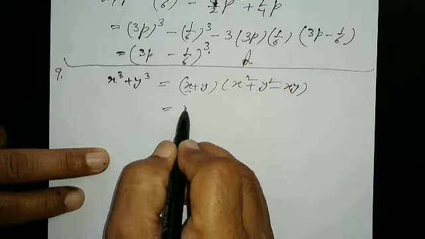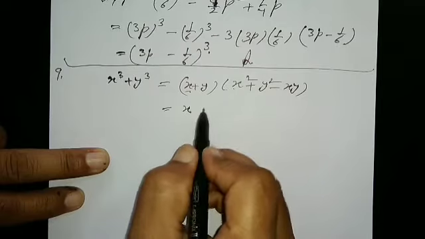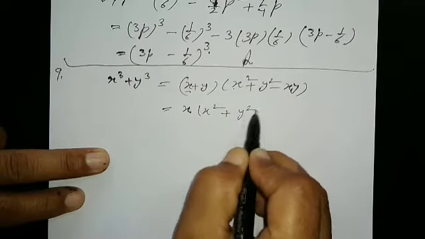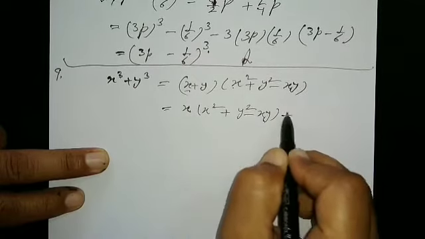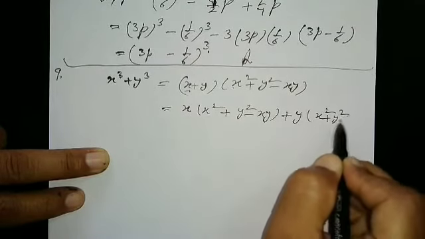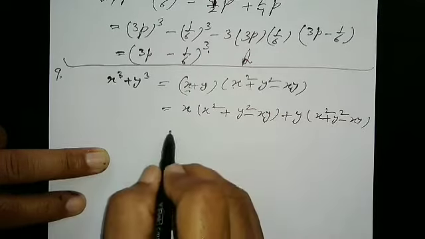This is x multiplied with (x² + y² − xy), this is plus y multiplied with (x² + y² − xy).